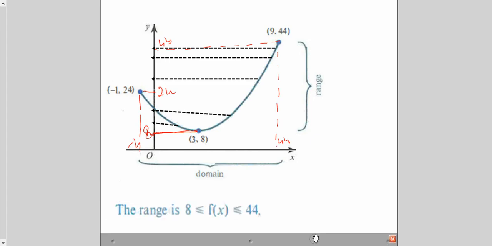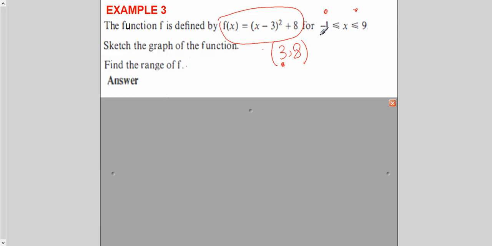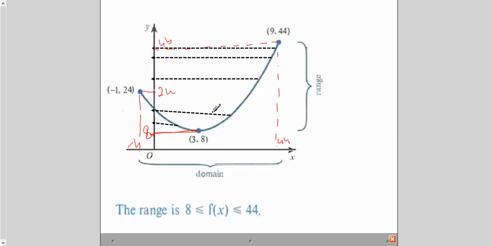So this is the technique. Whenever the x coordinate of the turning point is in between the given domain, then one of the values will be the y coordinate of the turning point and the other will be the value which you get after substitution, 44 or 24, so it is 44 in this case, right?